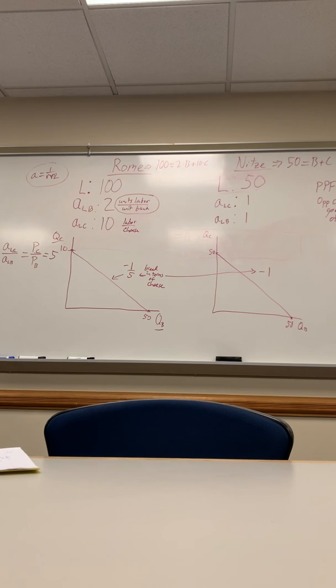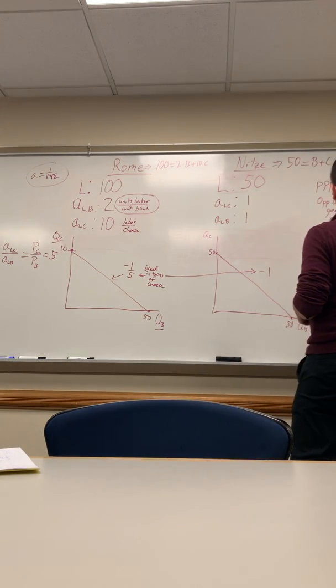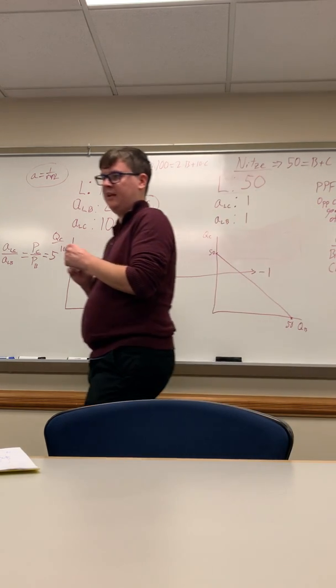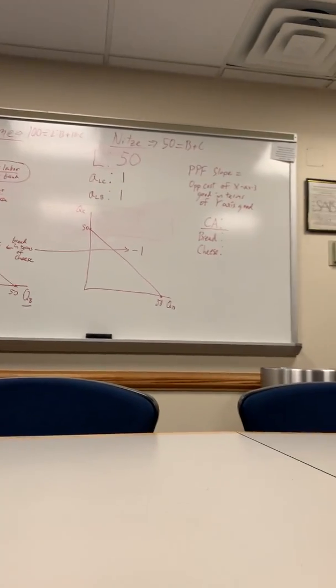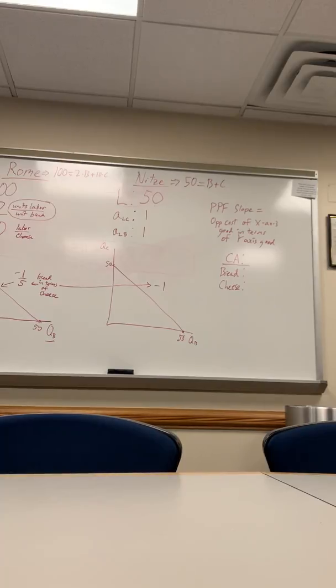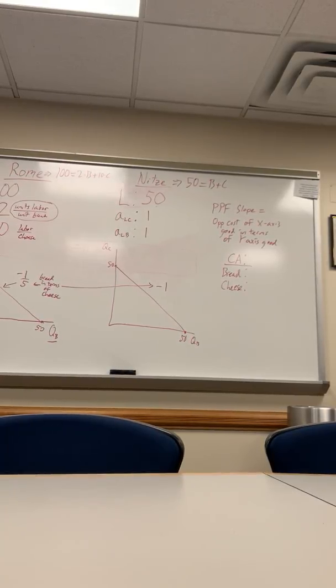So let's start here with CA. Who's got comparative advantage in bread? Who remembers how to find comparative advantage?